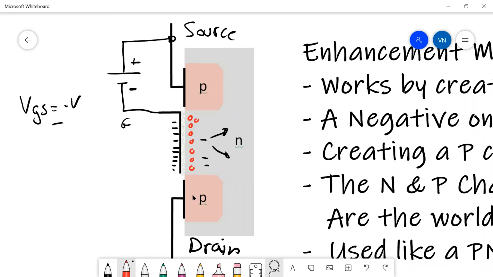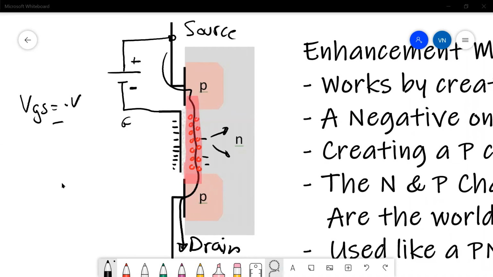And if I had enough holes between the two P-type areas, then I would create a P-channel between those two areas, and now I have a continuous channel of carriers from source to drain, and I would get current to flow.